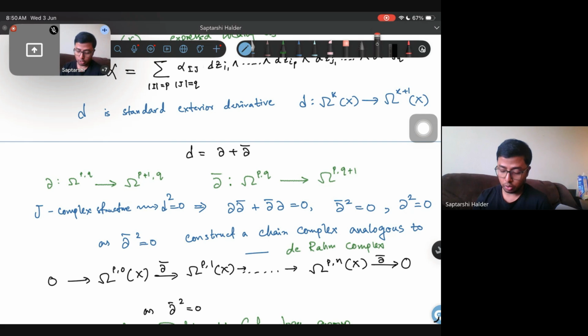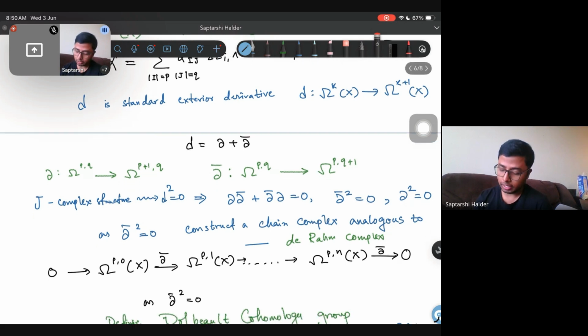As del bar squared equals 0, this gives you some notions. We can construct a chain complex, like the de Rham complex. From 0 we apply del bar, and it will give you Omega^{p,0}(X).